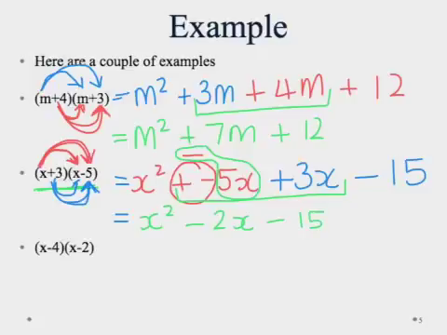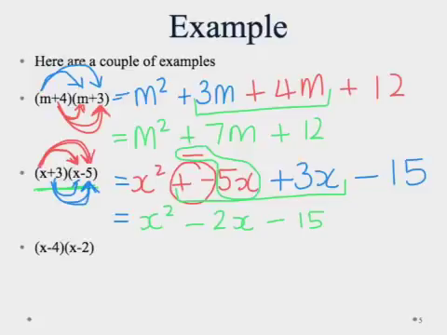And that's our answer. Now notice that we have different signs to what we've had when we've just had pluses. It's very important to understand that you need to keep track of your pluses and minuses.